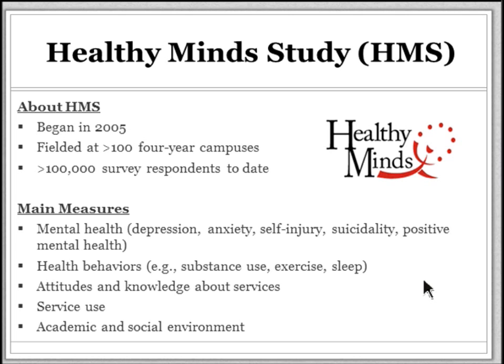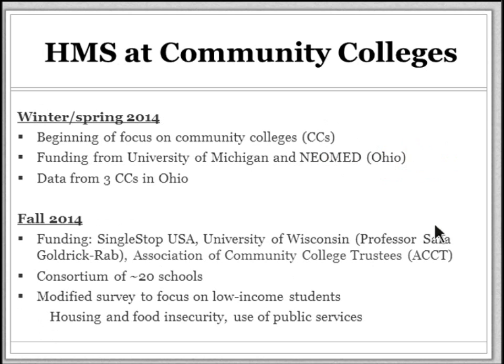We're interested in health behaviors such as substance use, exercise, and sleep. We also measure attitudes and knowledge about services. So do students know where to go? How do they feel about mental health services and about seeking help? And their actual service use, their help-seeking behaviors, which is obviously a really important thing to try to understand, is how we can increase utilization of mental health services.